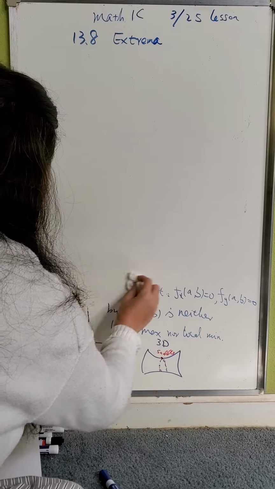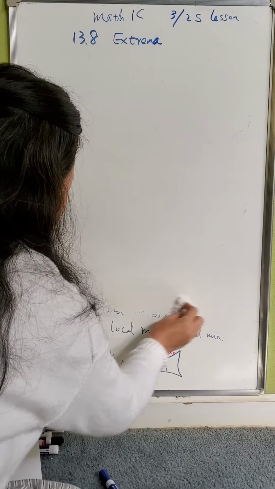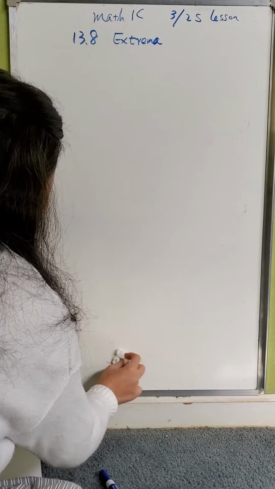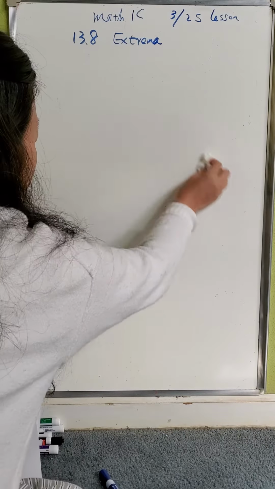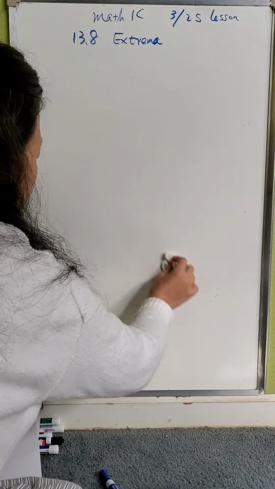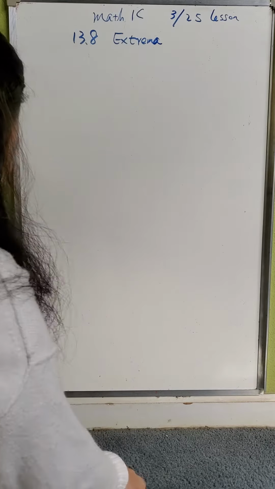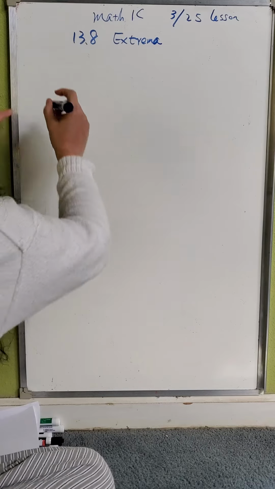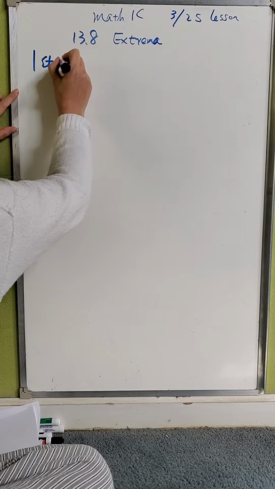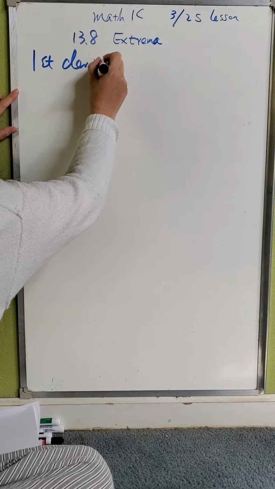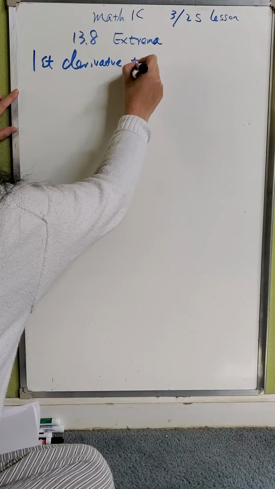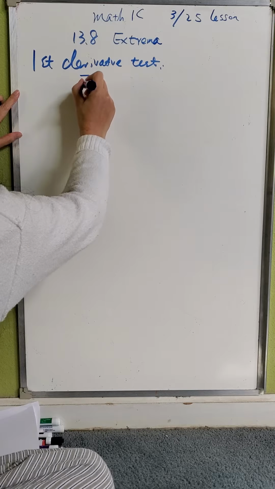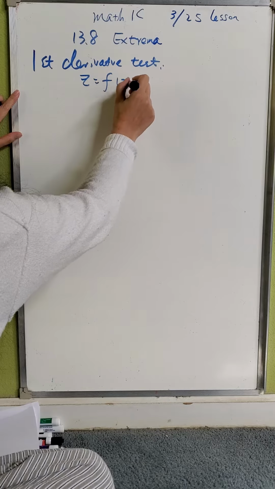So we learn how to test for local max and local min. To test them, we use a test called the second derivative test. But before we do the second derivative test, I want to do the first derivative test first. The first derivative test is for what? Let z equal f(x,y).